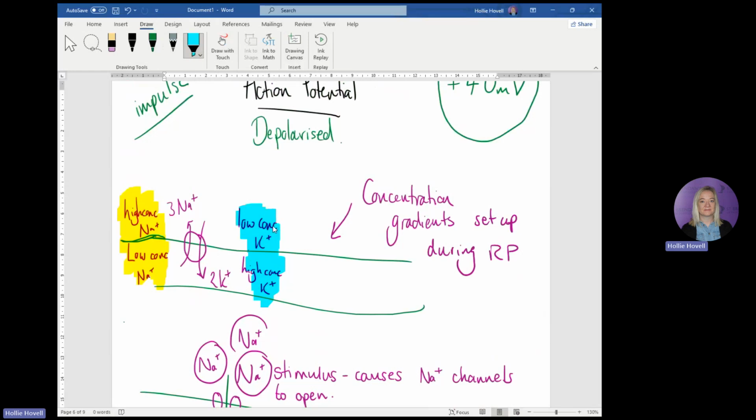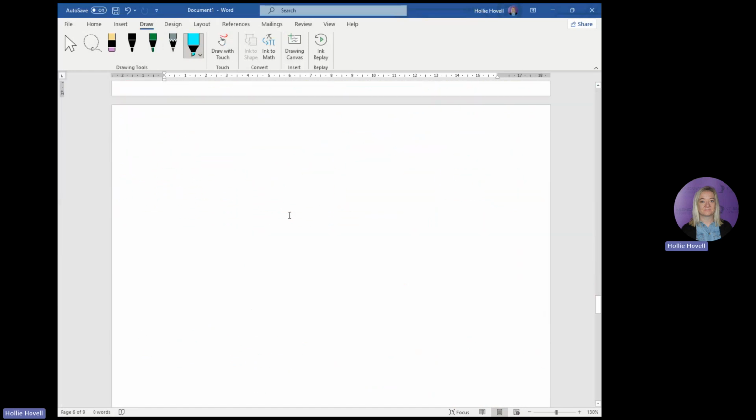So if we want to reduce the potential difference from +40 back down to -70, we need to get some of these positive charges out. And we've got a concentration gradient of potassium ions here, so we need to get those potassium ions back out. So this last section here is called repolarizing.